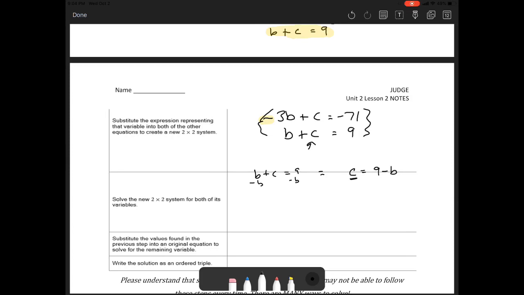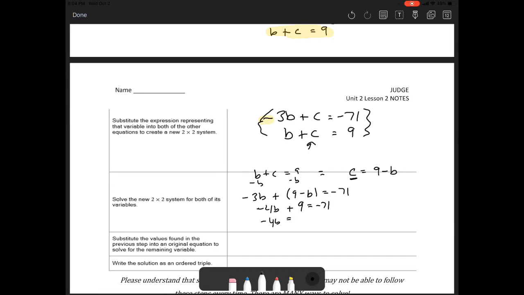So then I can plug in the c into the other equation. So I get negative 3b plus 9 minus b equals negative 71. So I'm going to end up with negative 4b plus 9 equals negative 71.